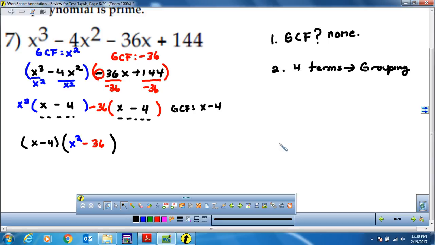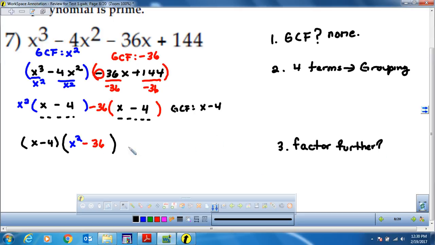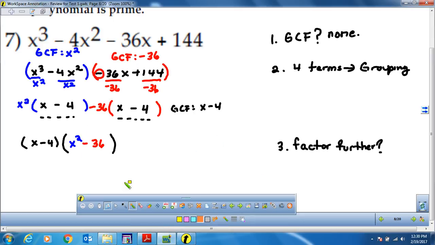Now, step number 3. Question is, can we factor further? Well, in this polynomial, since we still have a square right here, we might be able to factor further. So how do we know if we can?